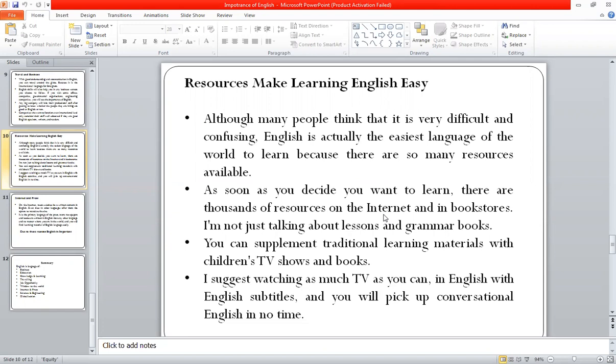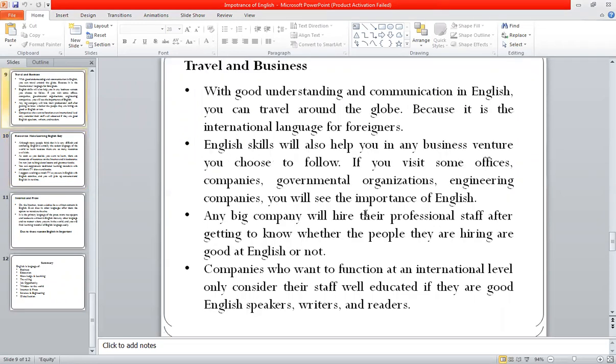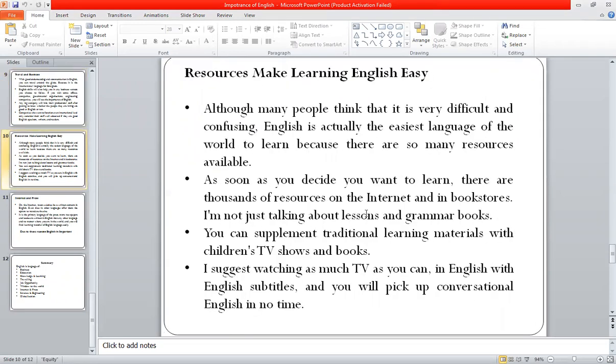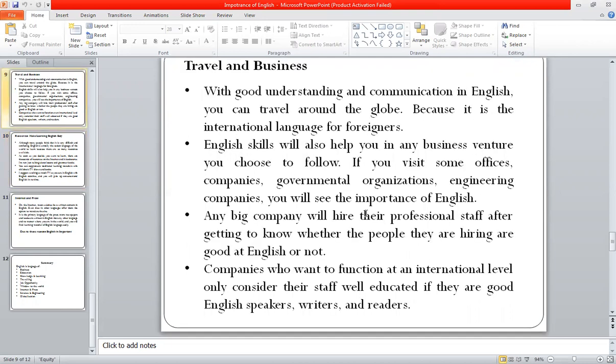If you want to work in the travel business, you also have to learn this language. So this is the point, travel and business, that we have discussed today.